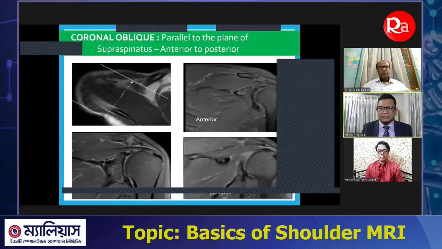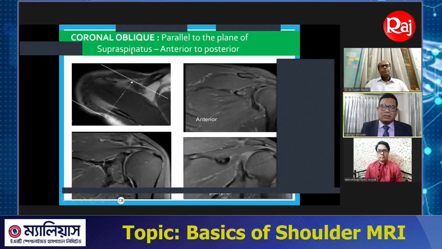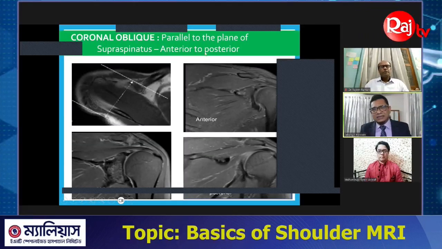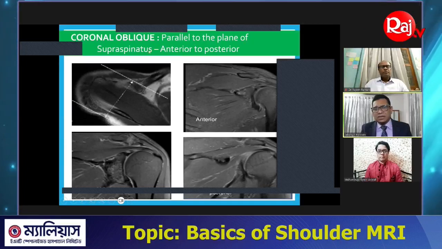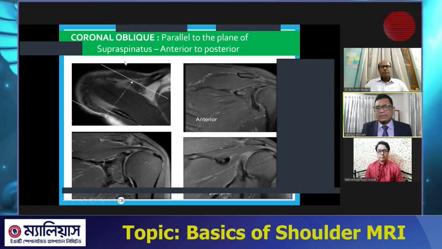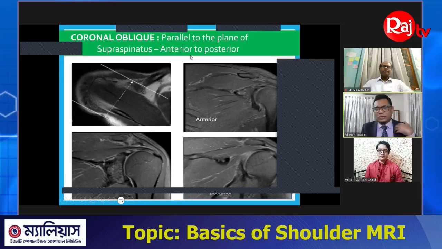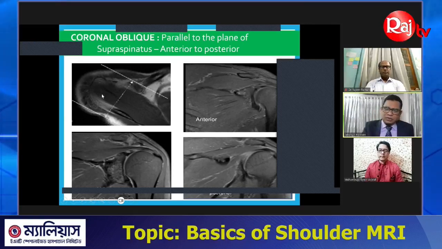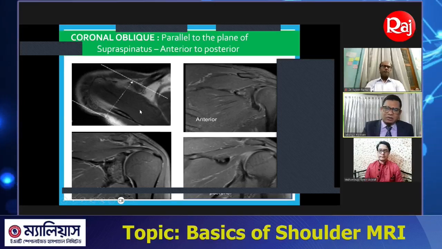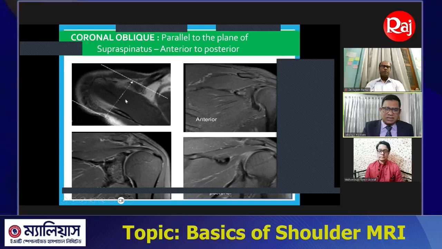So we only need to know T1, T2, and proton density images, where we detect the normal as well as the pathological. In the coronal oblique, as I have already mentioned, the cut starts parallel to the plane of the supraspinatus muscle, and it is always a cut section from anterior to posterior. You can see here, this is the supraspinatus muscle, and it is always parallel to this coronal oblique, parallel to the supraspinatus muscle axis.